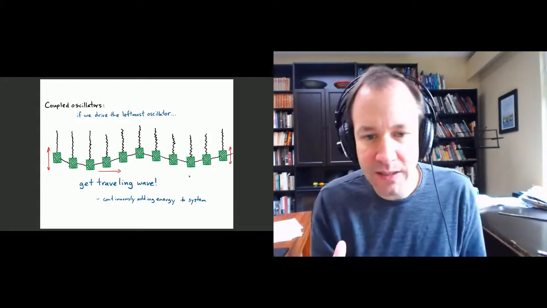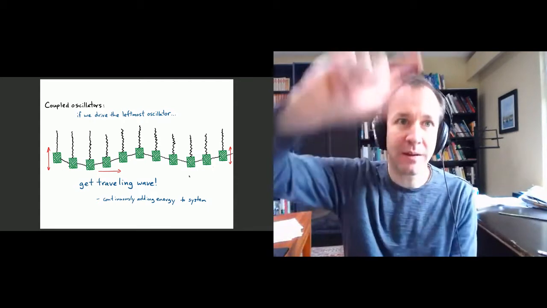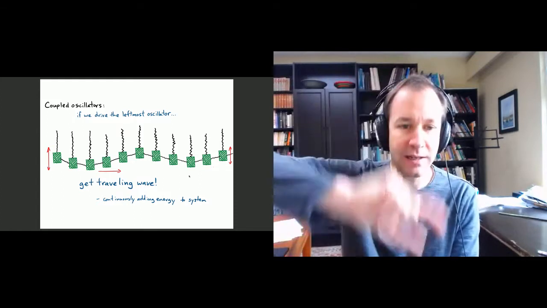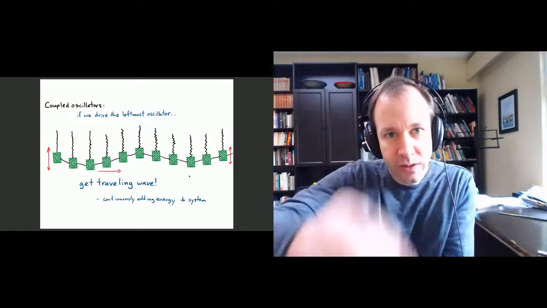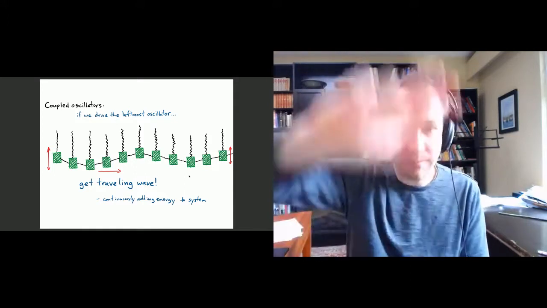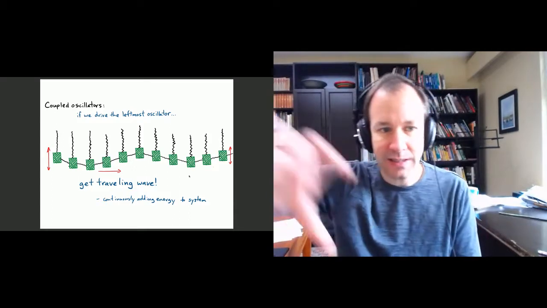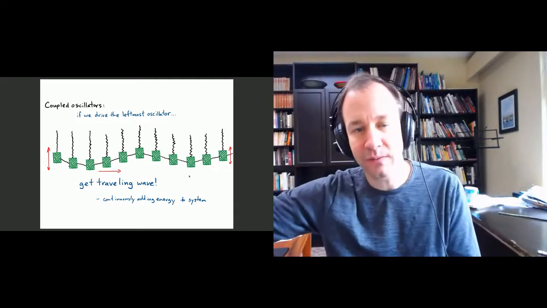The other thing we could imagine doing is actually driving the first oscillator, meaning that we apply some periodic force so that it moves up and down and up and down. We keep doing that. And then again, we're transferring energy into that oscillator by making it move, but then it transfers energy into the remaining oscillators. So it drives the second one, and the second one drives the third one, and the third one drives the fourth one.